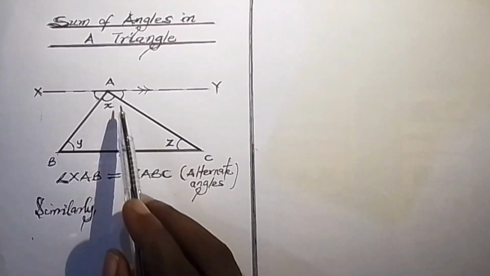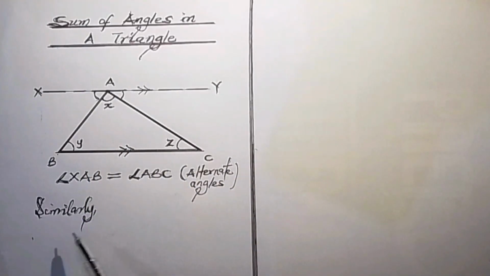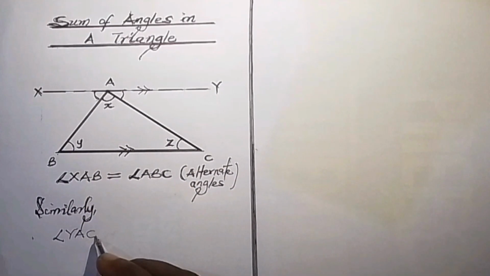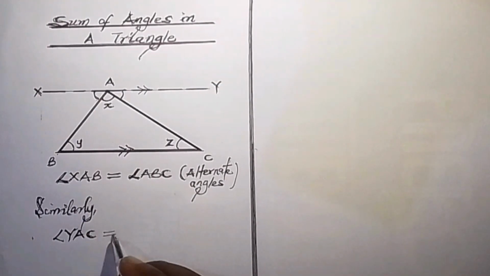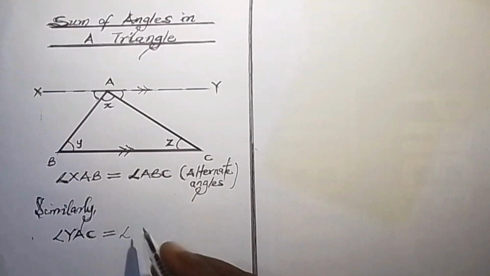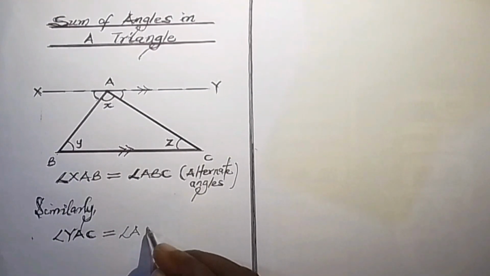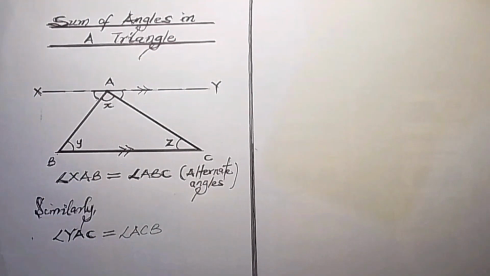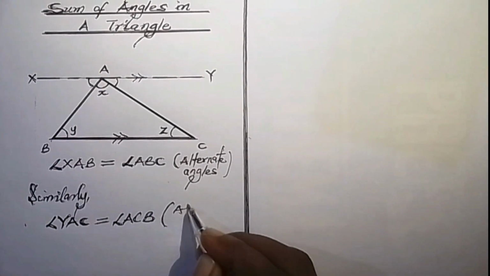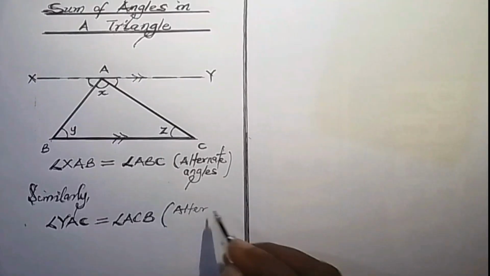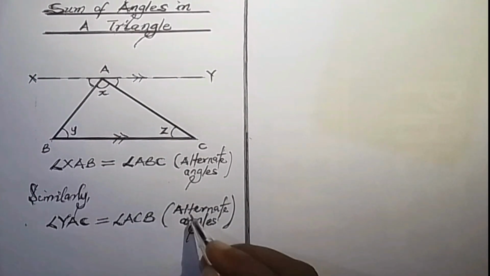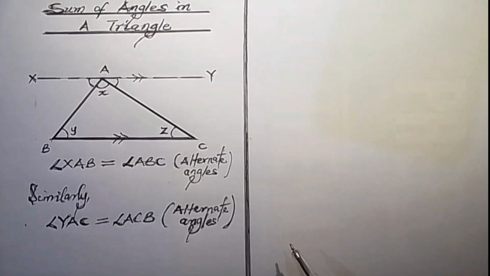Similarly, angle YAC is equal to angle ACB. Reason, the same reason. They are alternate angles, and alternate angles are equal.